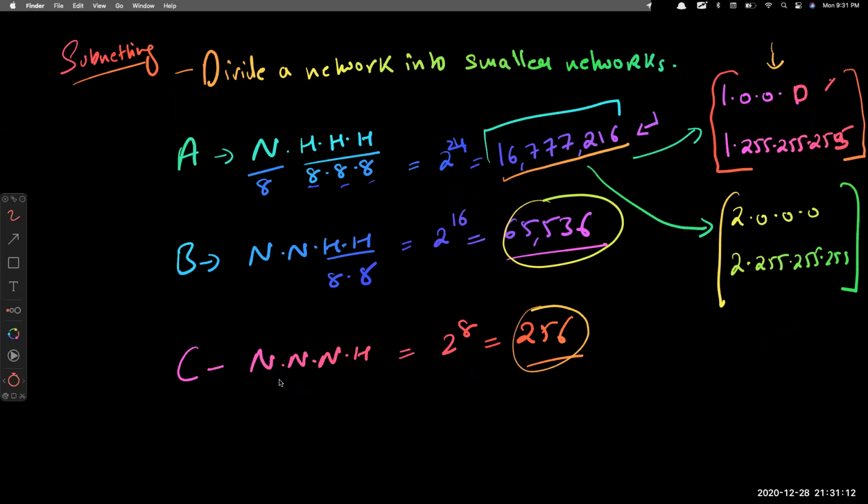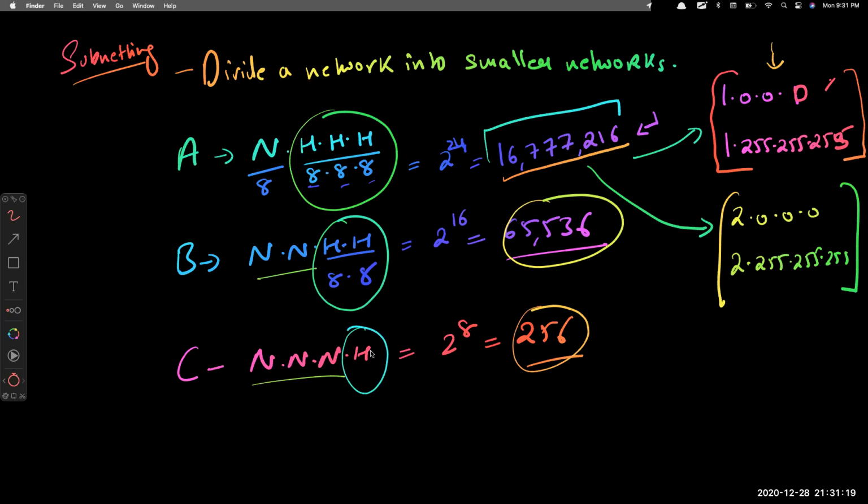Network bits always remain the same. I am talking about host bits now. I've already explained this earlier, where I was drawing.